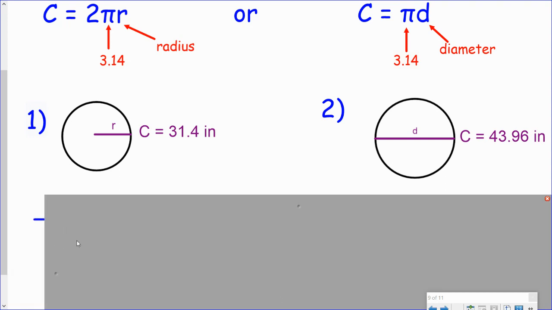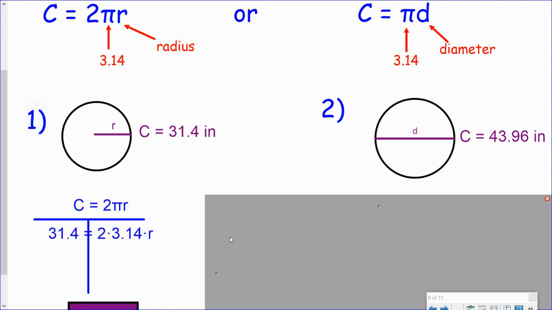So what I have here is the formula. And then I know that C, or the circumference, is 31 4/10. I also know that we have 2 in the formula, and I know that the value we use for pi is 3.14. What I don't know is the r. That's my missing part.